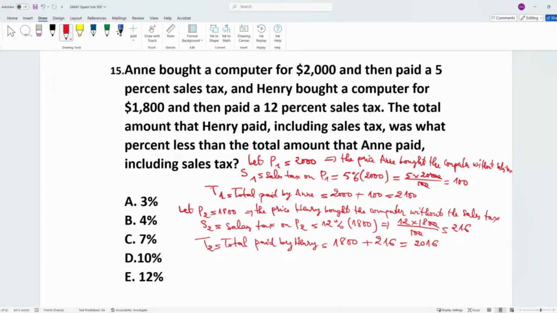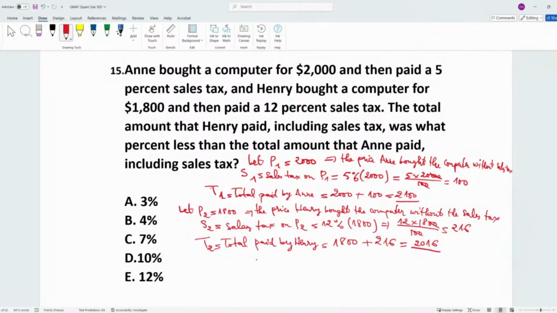So now the question that is asked here is the total amount that Henry paid, including taxes. This one was what percent less than the amount that Anne paid, including taxes. This one. So we have to compare this to this in terms of percentages.